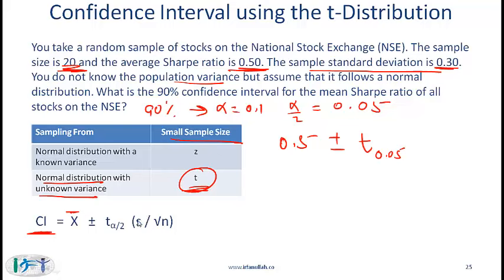This is the standard deviation of the sample, which is given right here, 0.3, divided by the square root of n, which now is 20. So divided by root of 20. So the only piece of information that we now need to find is the t value for 0.05.